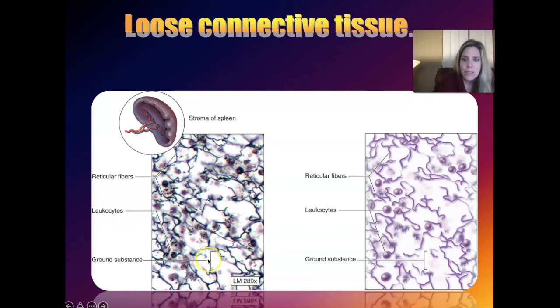So you've got lots of ground substance here. You have some white blood cells, some leukocytes, and then your reticular fibers. So here's the drawing of it, just to make it a little bit clearer. But in general, you're seeing lots and lots of ground substance, plus these spider-like reticular fibers. So this is reticular connective tissue, one of the subcategories of loose connective tissue.